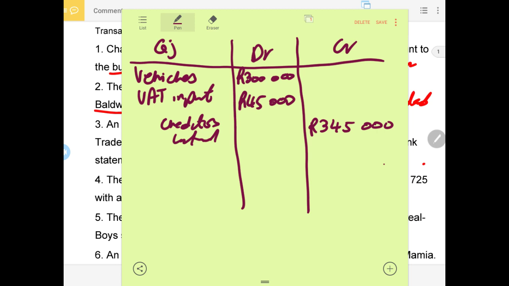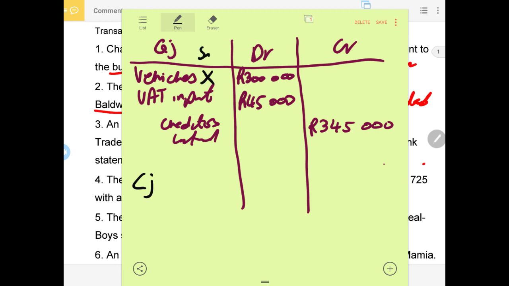Now three columns will be affected. We need to ask ourselves, does motor vehicle have a column in the journal? Remember, we bought on credit. This is the creditors journal. Does motor vehicle have a column in the creditors journal? The answer is no. So where will it go?